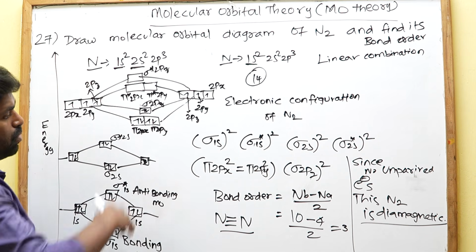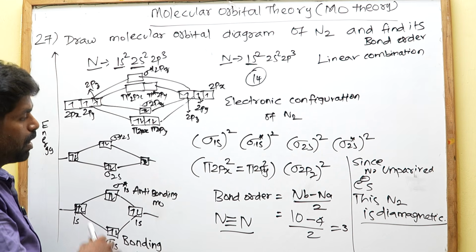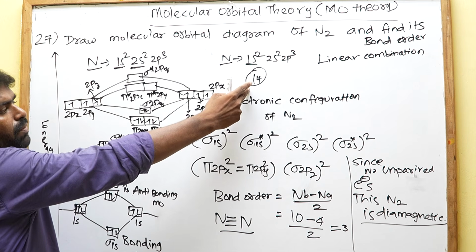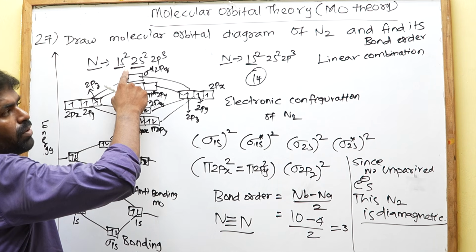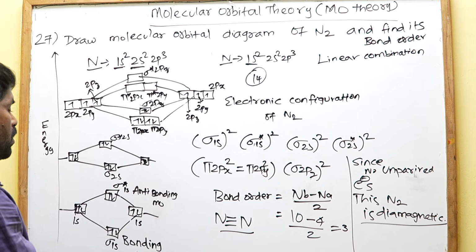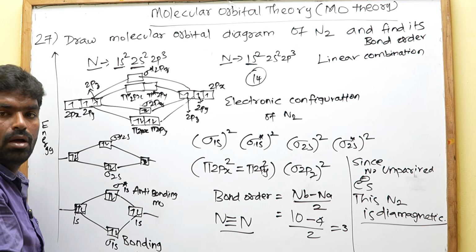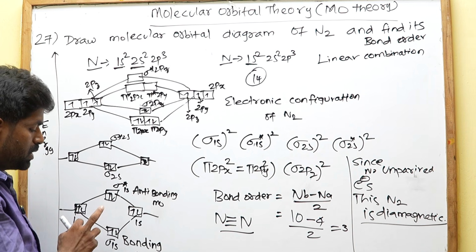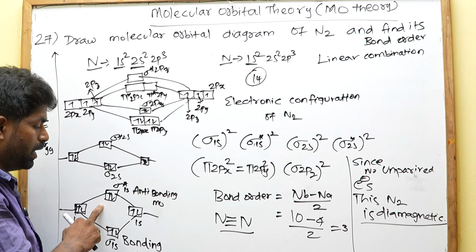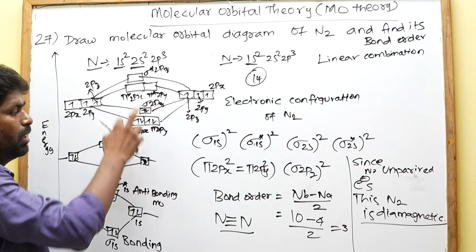So first draw the molecular orbitals. Then we have 14 electrons in total, 7 from each nitrogen. The 14 electrons are filled following Hund's rule and the Pauli exclusion principle, first the lower energy level, followed by the higher energy level.